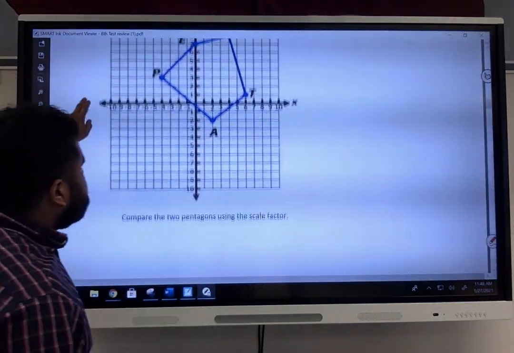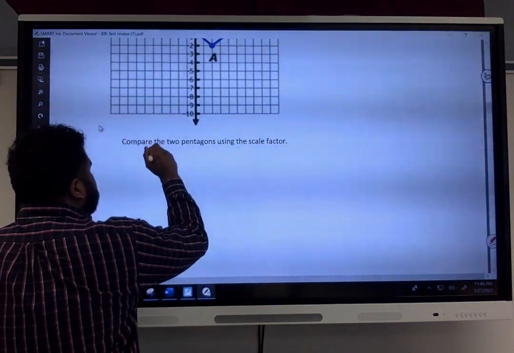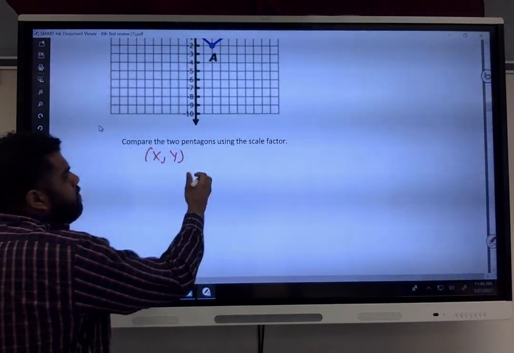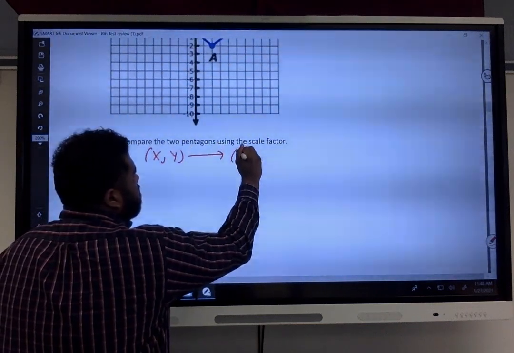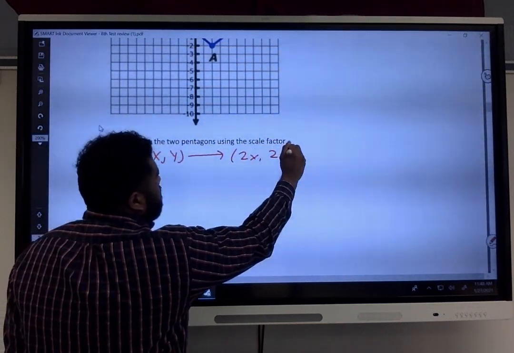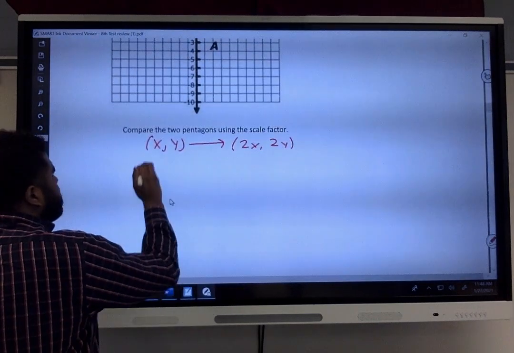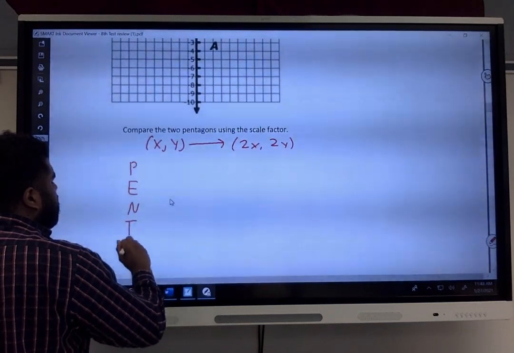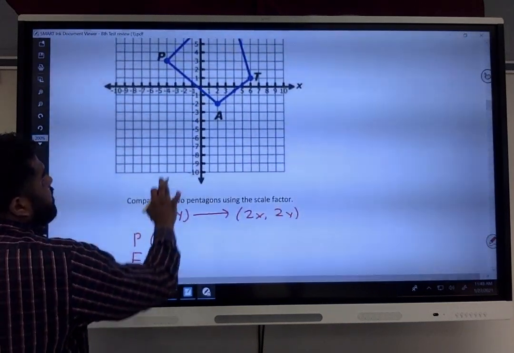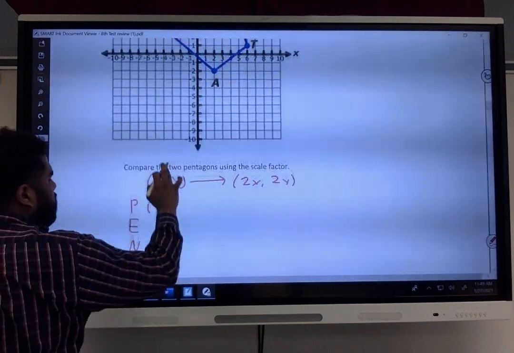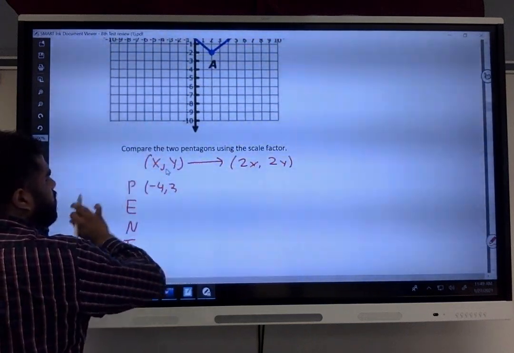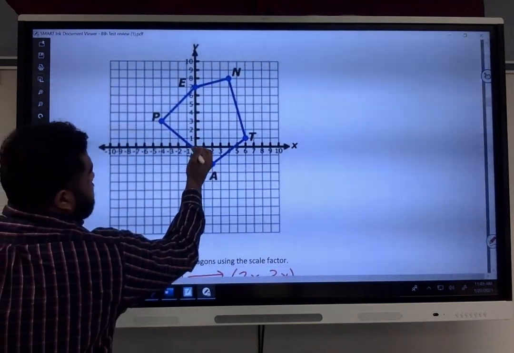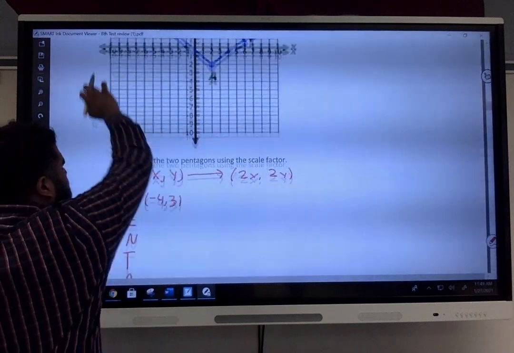So let's go ahead and plot these points. First thing I want to do is write x and y, because it's asking us to compare the two pentagons using the scale factor. So 2x, 2y. Let's go ahead and write P, E, N, T, and A. P is at negative 4 and 3. E is at 0 on the x-axis and 7 on the y, so 0, 7.